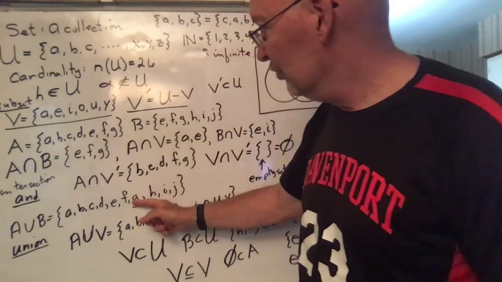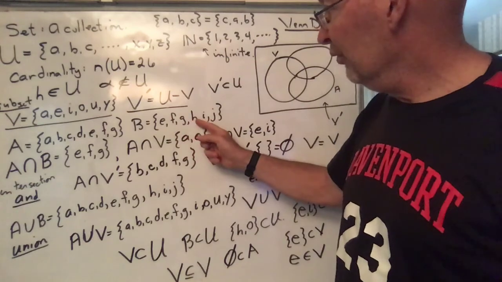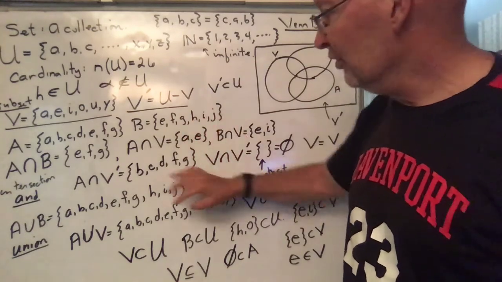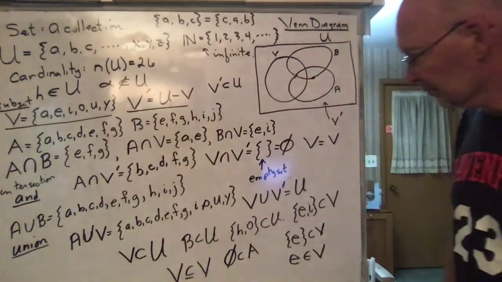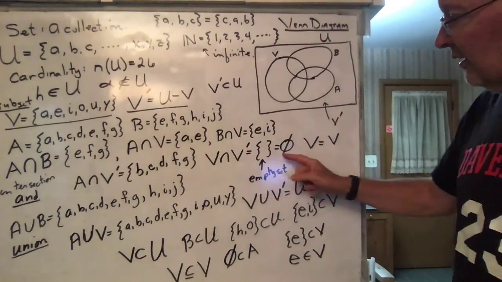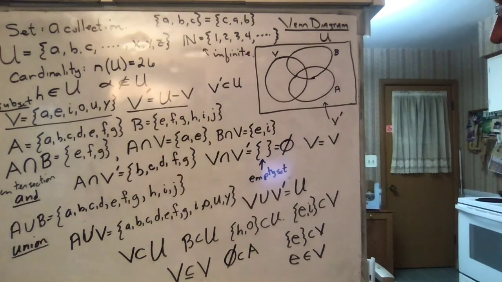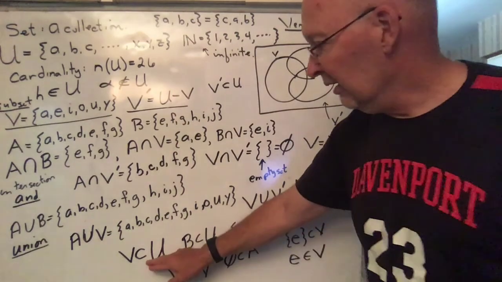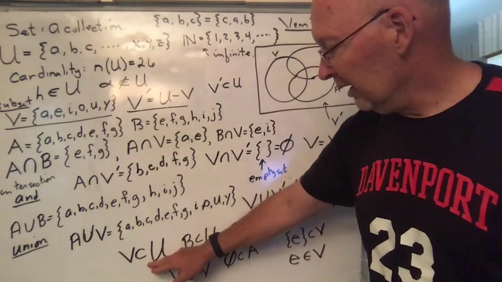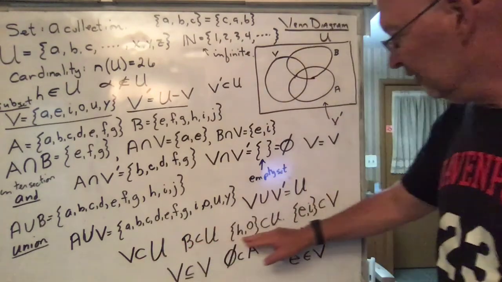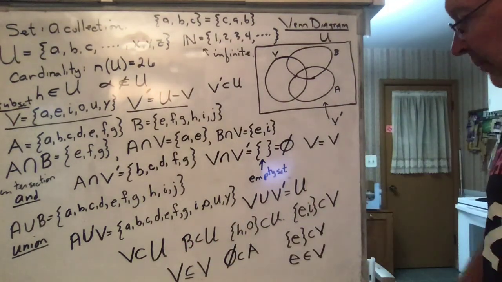So it'd be A through G. And then we've already got those, so then you would also include H, I, and J, and it doesn't matter what the order is. The empty set is the set with nothing in it, which is denoted like this. We already talked about subsets, so these are all subsets, and so on.